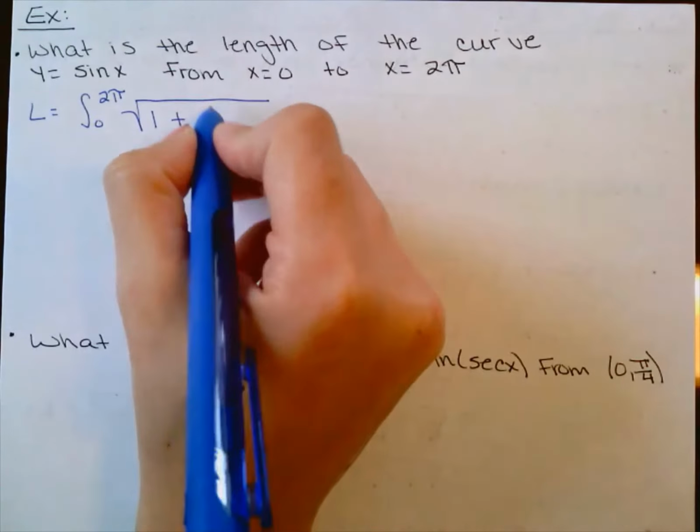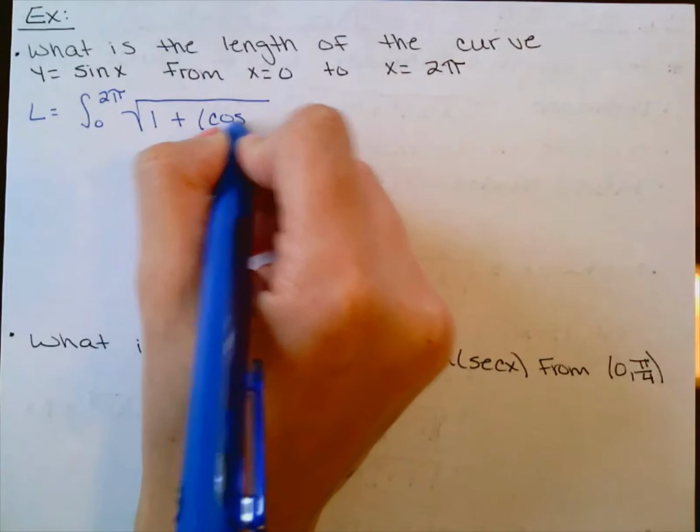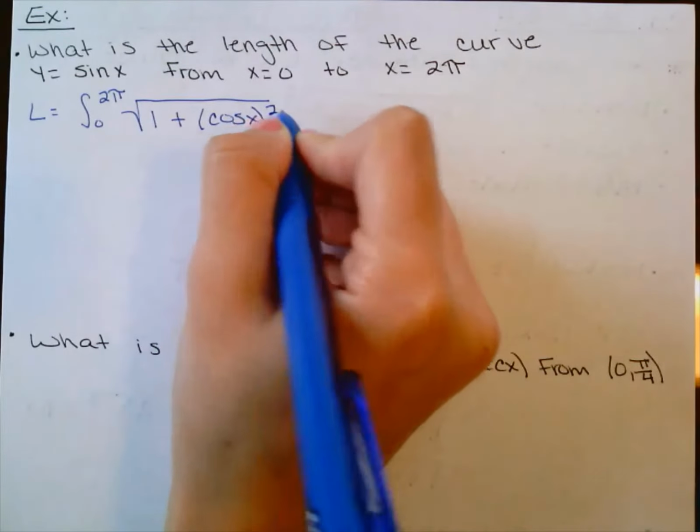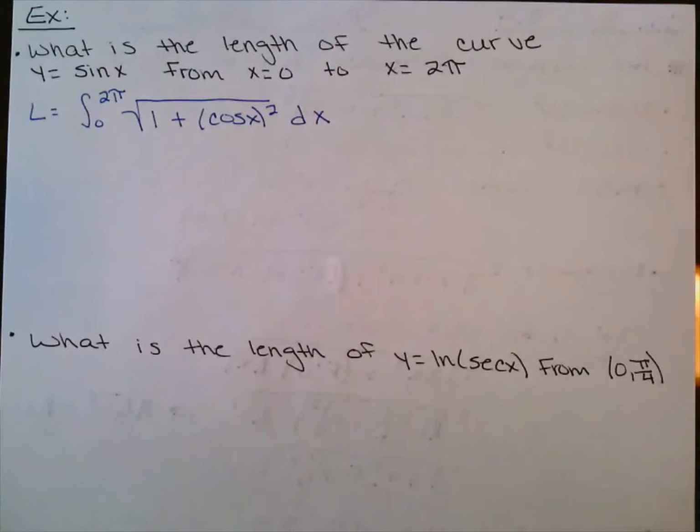So I'll say derivative of sine is cosine squared dx, okay? Now, at this point, I'm going to allow you to use your calculators.